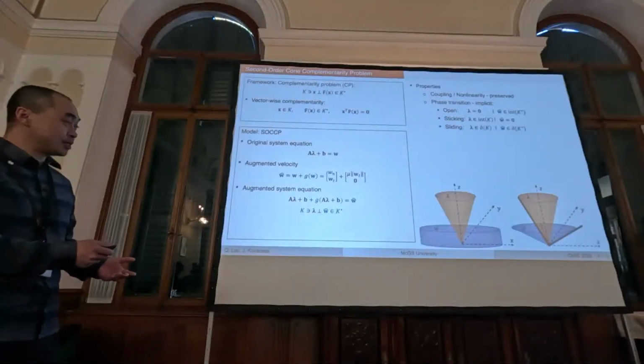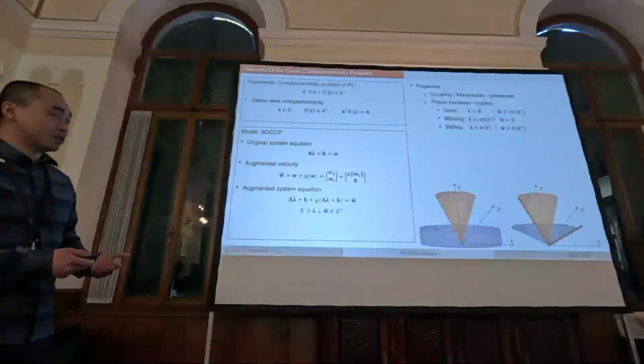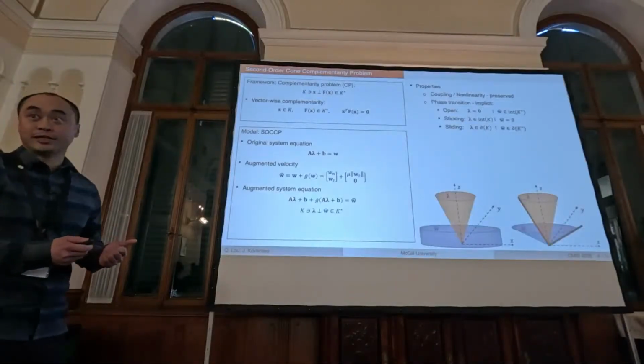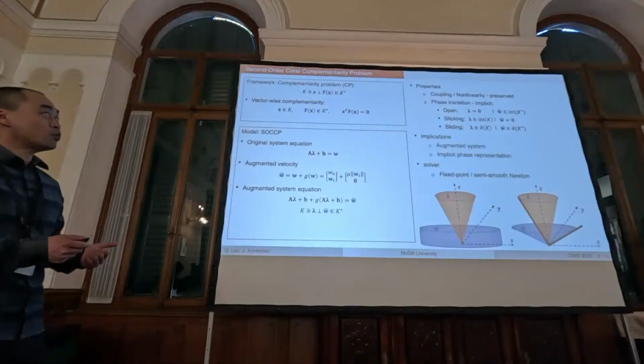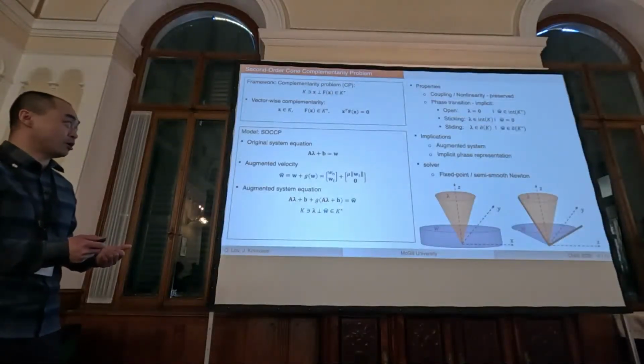Sliding is the most special. Both lambda and W hat are vectors lying on the boundary of the cone and dual cone, and the orthogonality requires that their positions be exactly opposite to each other. Now we can see SOCCP faithfully represents the contact law.